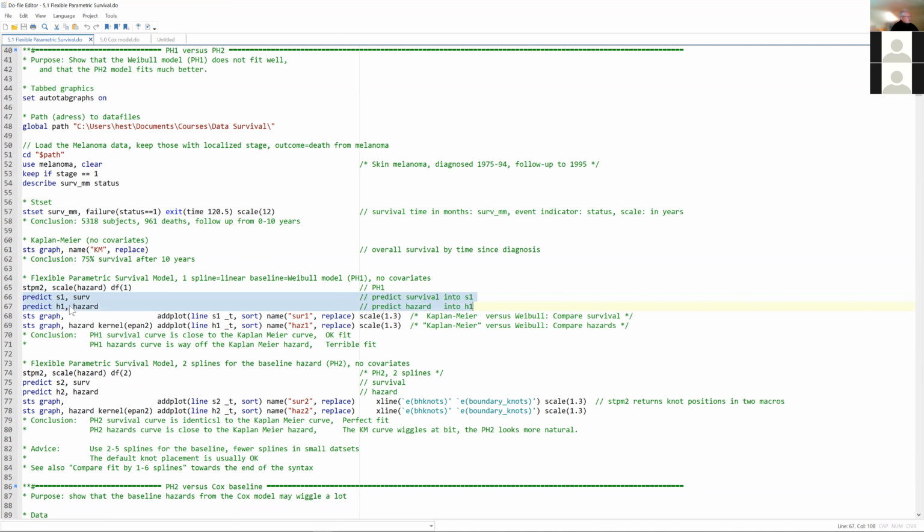Now I can compare the survival plots. If I do STS graph, I get the overall survival that I did up here. Then I do an add plot where I put in a line plot of my S1, the one I predicted from here, versus underscore T, the analysis time. So that will be the survival plots.